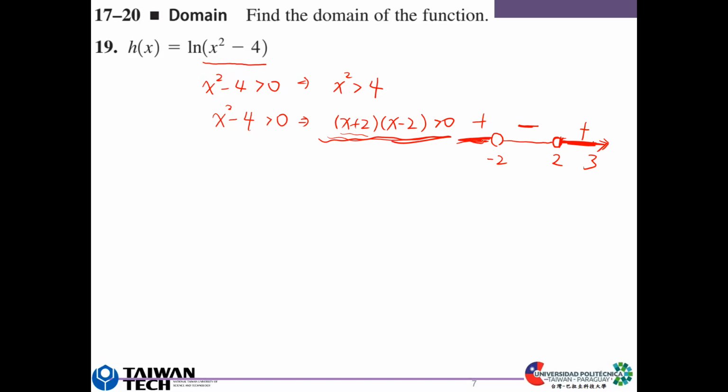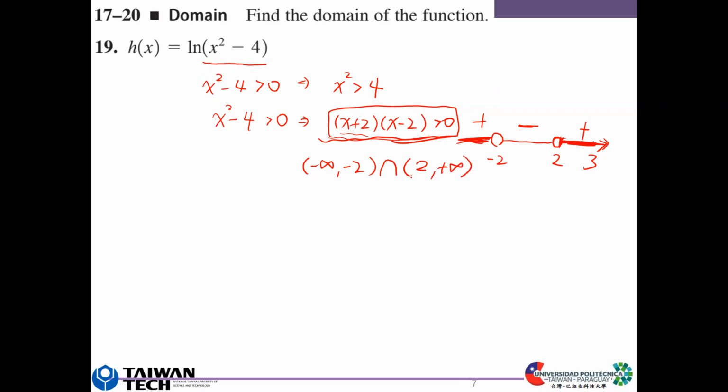So the domain of this function must satisfy this inequality, and the answer should be, using parentheses, minus infinity to minus 2, union with 2 to positive infinity.